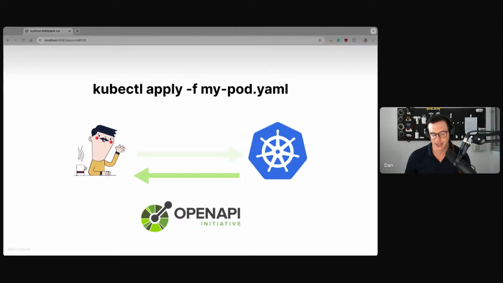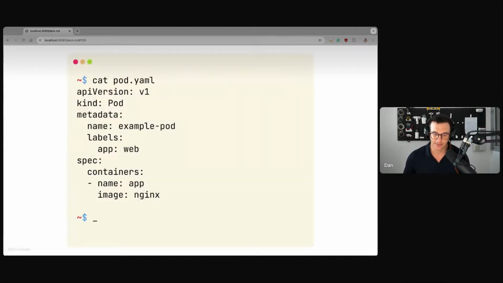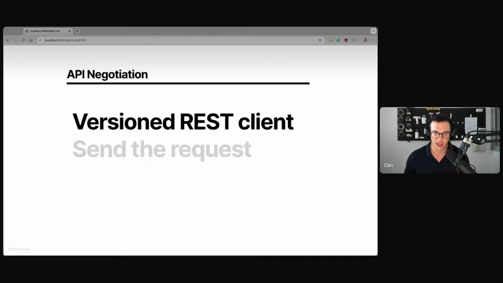So when you submit a YAML, you can do the validation locally rather than on the cluster, and then it gets submitted. And that's cool. And then on top of that, we also have API negotiation, where kubectl can see that there are different versions of the pod and different versions of the resource, and can negotiate the right resource for the cluster.